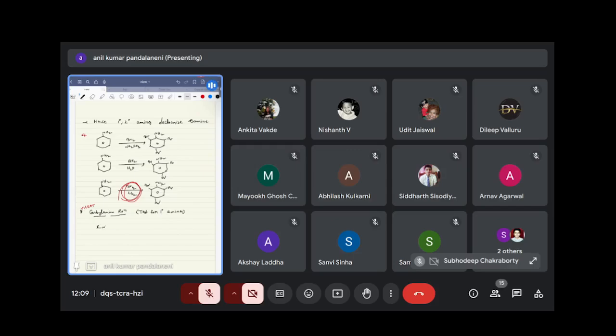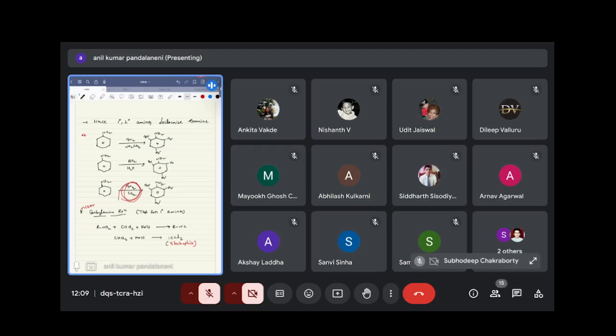Now, whenever you have RNH2 plus chloroform and KOH, chloroform and KOH will generate which electrophile? CCl2. Everyone knows that chloroform and KOH or NaOH will give dichlorocarbene. Dichlorocarbene is an electrophile.